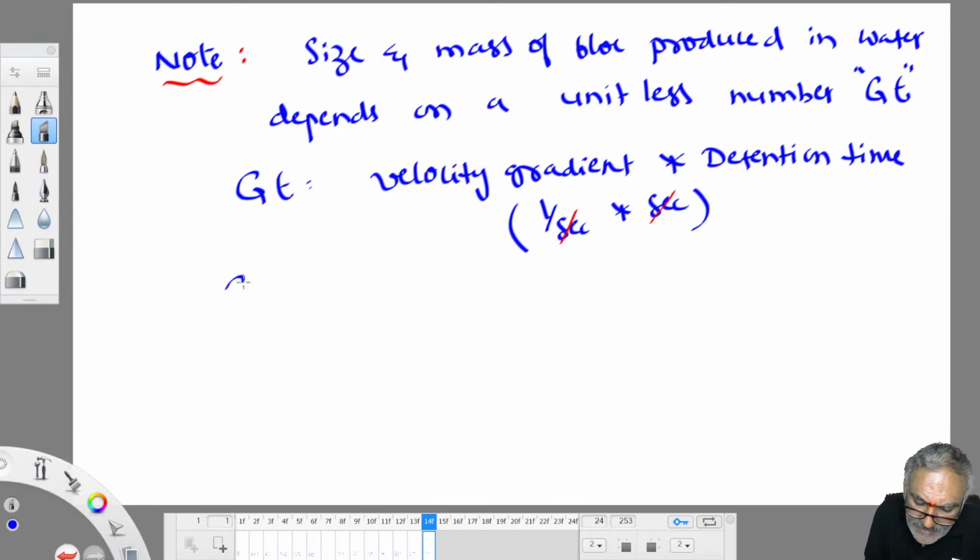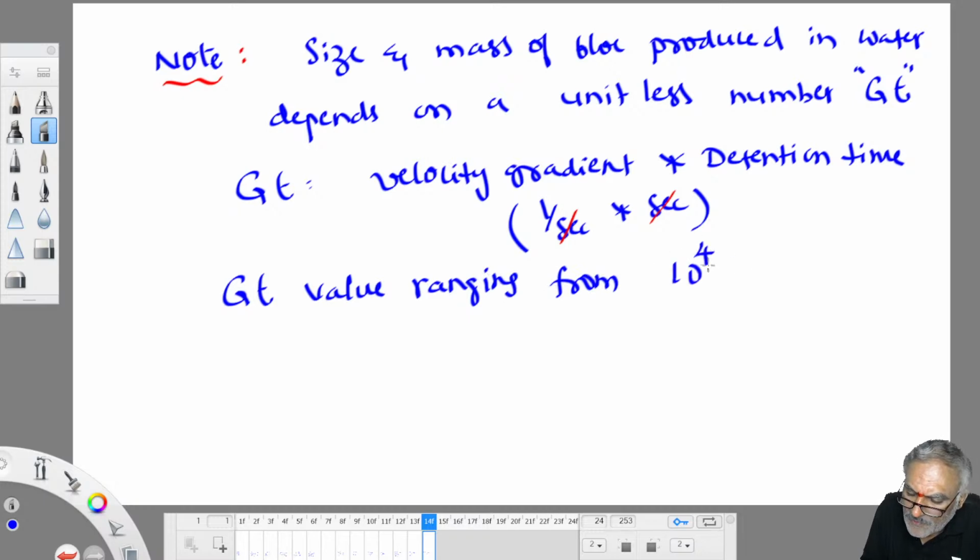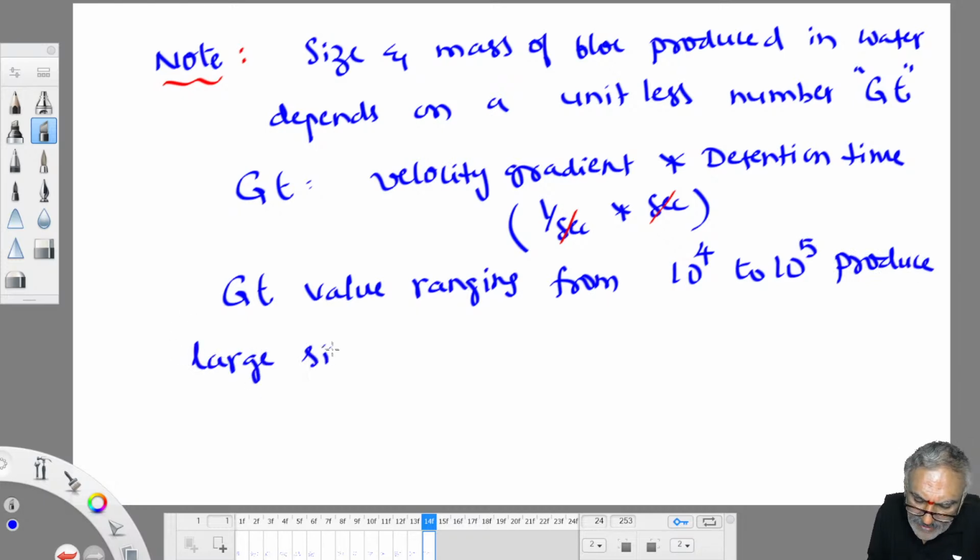So GT value normally ranging from 10 power 4 to 10 power 5 produces larger and large sized dense flock, larger and denser flock, which enhances settling very fast.